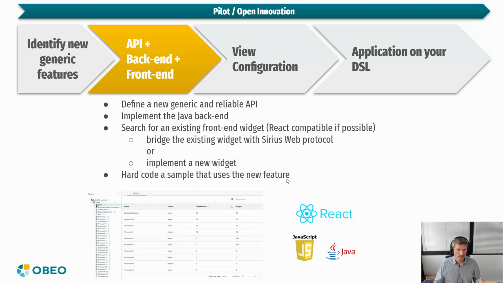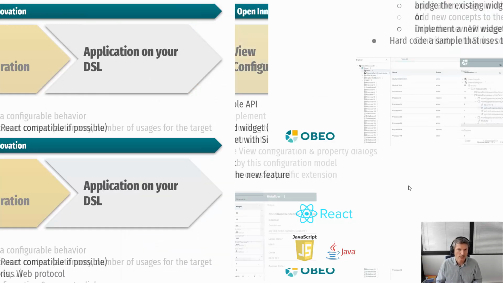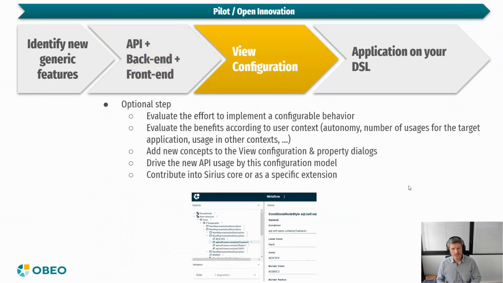At this point, there are two solutions. First one, if you only use this example, for example this table, one time, perhaps the hardcoded version will be enough for your needs. But if you need plenty of different usages of this new representation, this new feature, it could make sense to go one step beyond by enabling the exposure of this new capability to the configuration models.